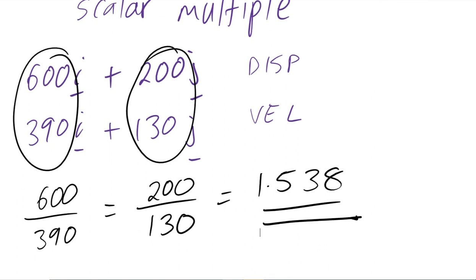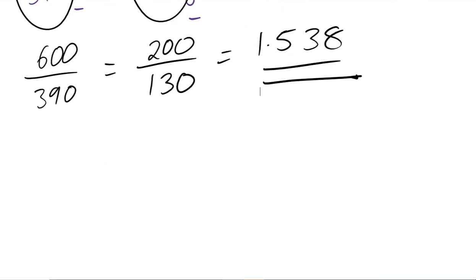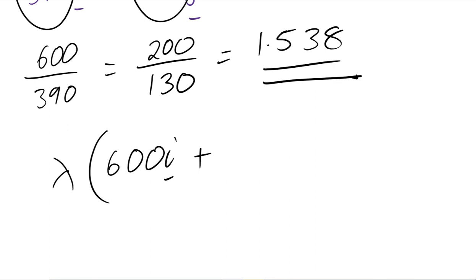That brings me even further, if a question asks, okay, I know that lambda was some scalar multiple of 600i plus, what was it, 200j. You could then go one step further and figure out lambda.